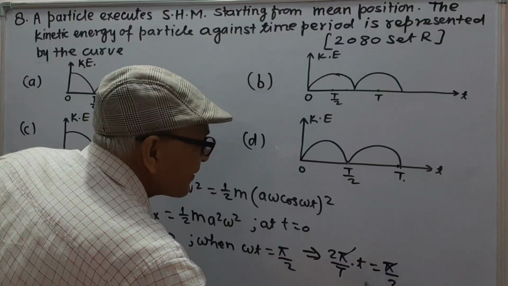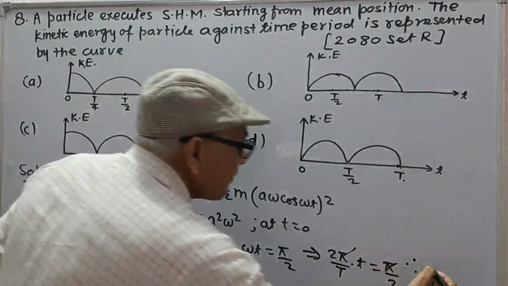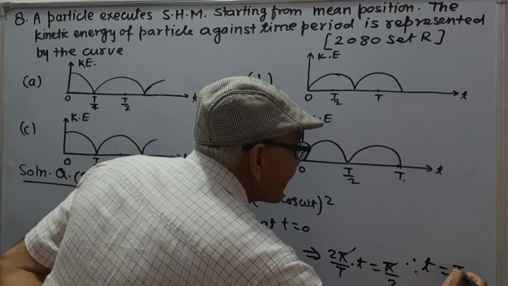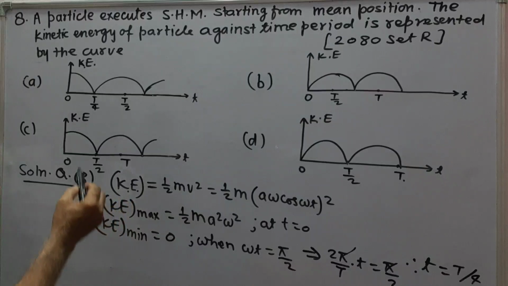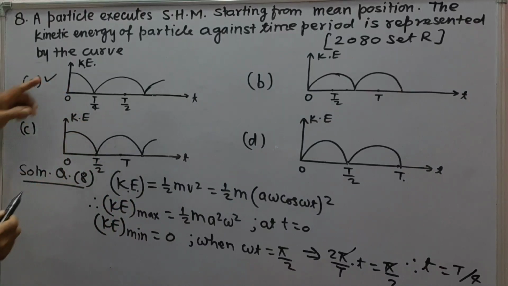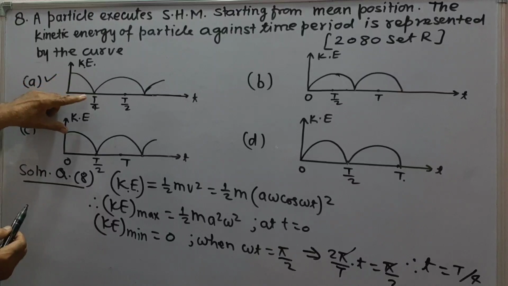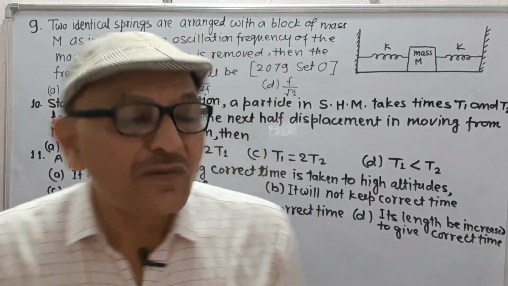Pi cancels out and we get small t as T upon 4. So the correct option will be this one. Here kinetic energy is maximum at t is equal to 0 and kinetic energy is minimum at t is equal to T by 4.